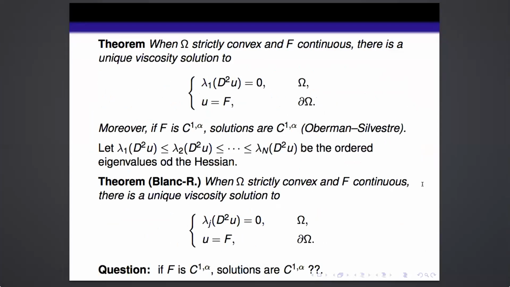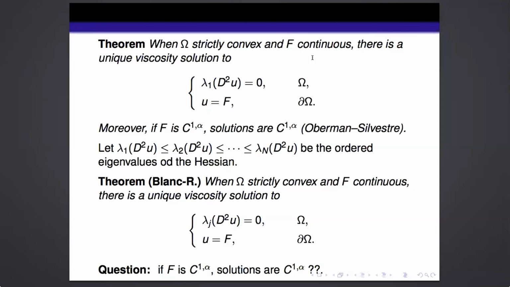Okay, for the sum of the first j eigenvalues, there are results by Birindelli, Galise, and Ishii, and recent results by Birindelli, Galise, and Topp. But I don't know how to prove regularity of this equation in general. I know just of the result with Ishii, but they deal with lambda 1, again a more general equation involving lambda 1. But only for lambda 1 this is known.